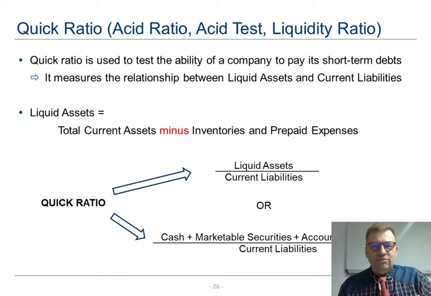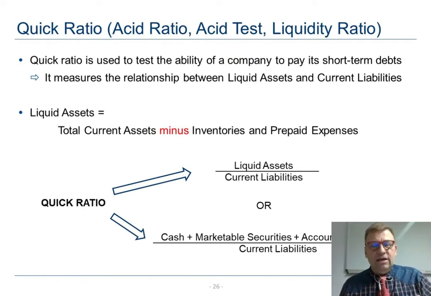So acid ratio or acid test or liquidity ratio. Quick ratio is used to test the ability of a company to pay its short-term debts. It measures the relationship between liquid assets and current liabilities.